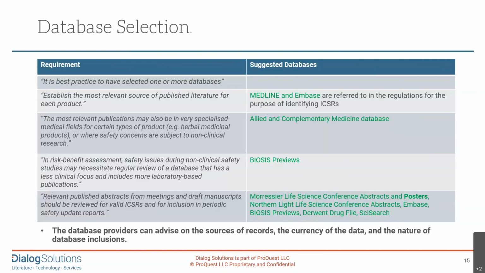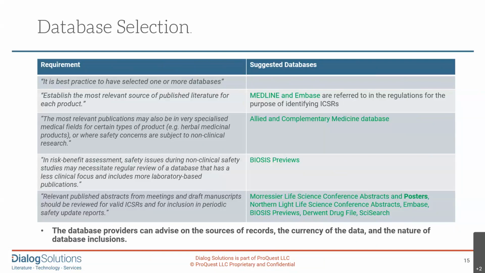And Biosis Previews is a very good example of such a database. Biosis focuses on the preclinical stages in the life cycle of a medicinal product. So that's something that should be considered. And Biosis does cover some conferences too.